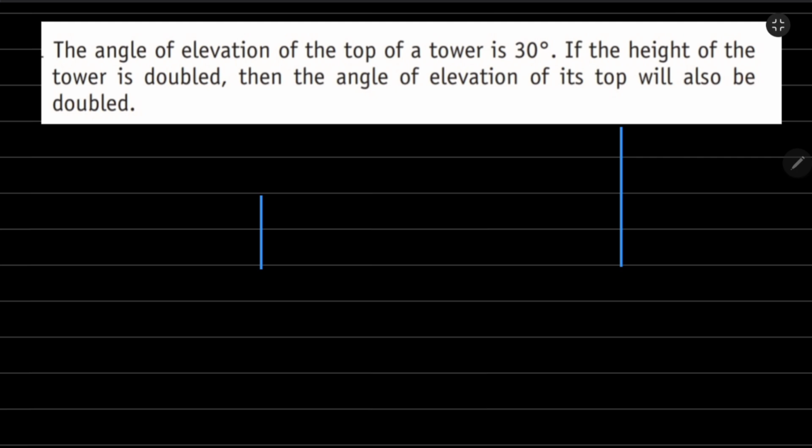So, initially, the angle of elevation is said to be 30 degrees. You have to show that the angle of elevation when the height of the tower is doubled, in that case, angle theta is also doubled. Let us find out, and we have to even prove it. So, let this be a tower. Say you have your A, B, C. AC is your tower.